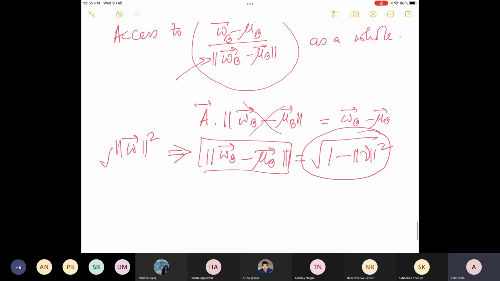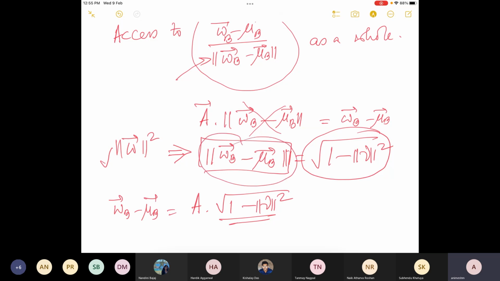So I can obtain WB minus mu B by multiplying A with this, because this is nothing but WB minus mu B. Although I do not have access directly to this quantity, I can compute the square root of 1 minus norm of nu square and multiply that with A that I am obtaining. This I have access to.